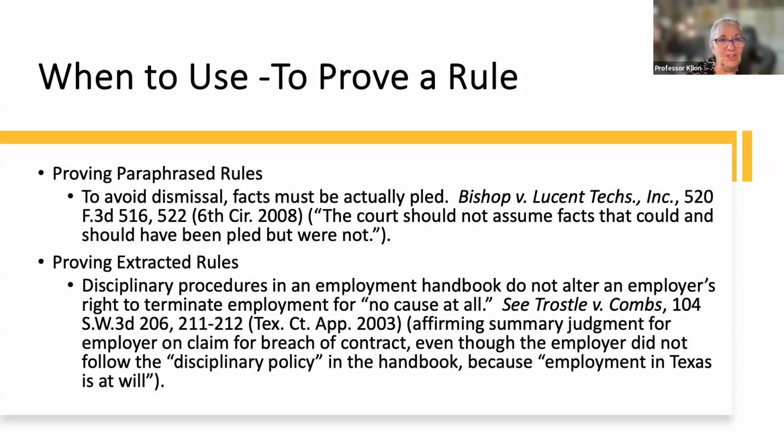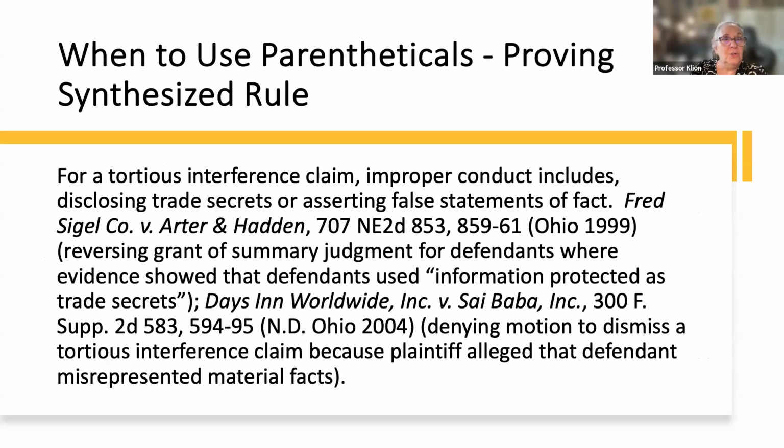Remember, cf. means that it doesn't stand directly for that proposition. So the parenthetical information is explaining basically how you got to that rule. You can use parentheticals to prove a synthesized rule by citing the cases that you use to help synthesize, and then explain what those cases meant that brought you to your synthesized rule.